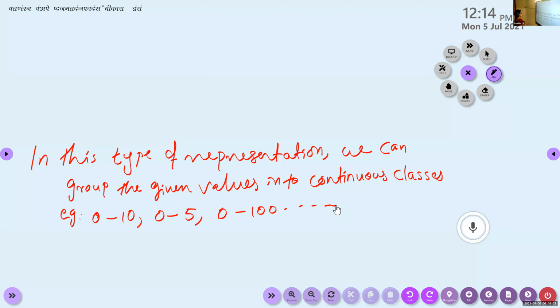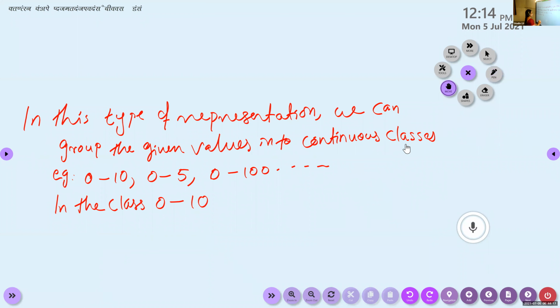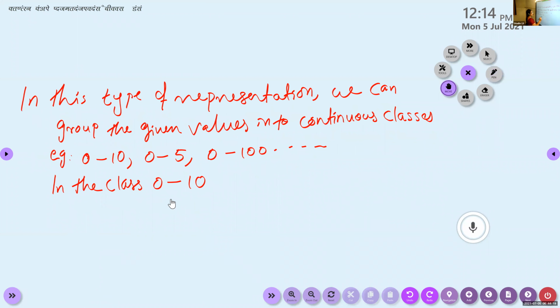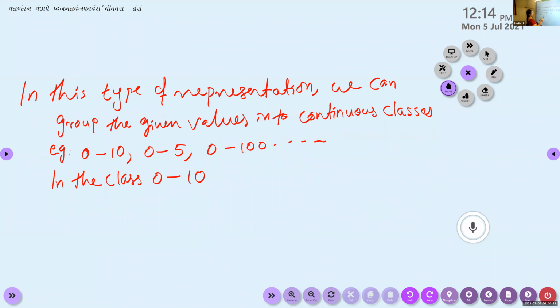Here in the class 0 to 10, we will take each class one by one. In the class 0 to 10, 0 is the lower limit and 10 is the upper limit.